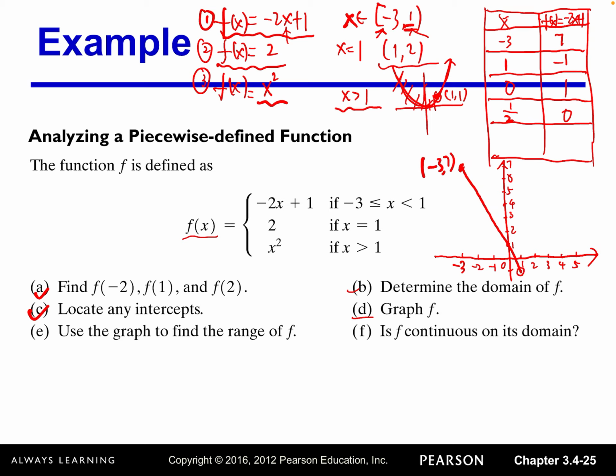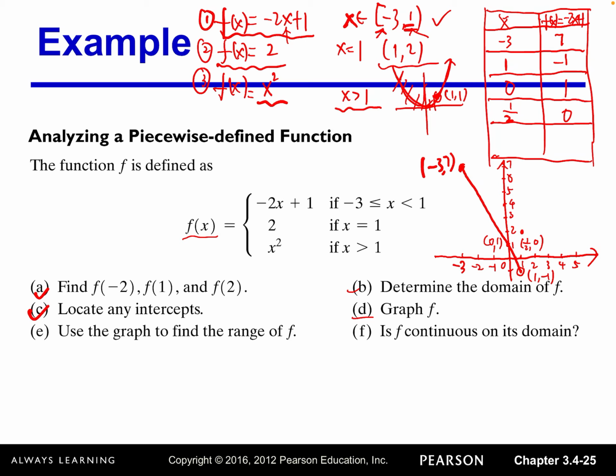So I draw a shallow circle, and then put the coordinates: (0, 1), (1/2, 0), and (1, -1). So this line segment is the graph for the first part of the piecewise-defined function. And the second one is a single point when x equals 1, y equals 2. This is a solid point.